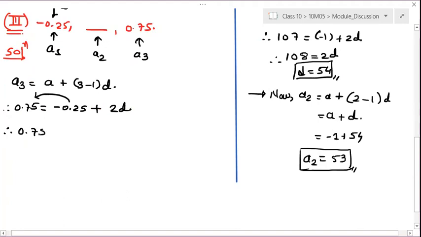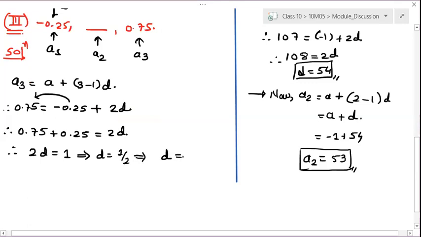Therefore 0.75 plus 0.25 is equal to 2D. Now 0.75 plus 0.25 is 1. So 2D is equal to 1, which implies D is equal to 1 by 2, which implies D is equal to 0.5.